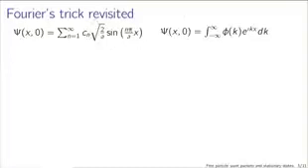The second thing we did in manipulating this expression to attempt to find a formula for the c sub n was to multiply on the left by a particular stationary state wave function, not n, m. So we multiplied by root 2 over a sine of m pi over a x, times psi of x, 0.